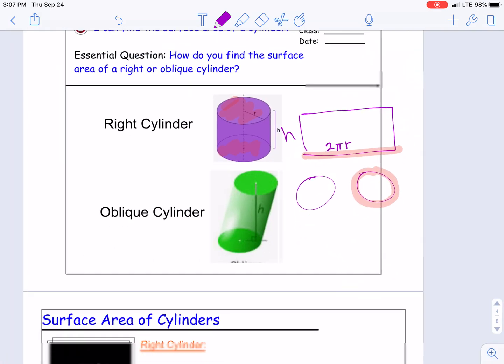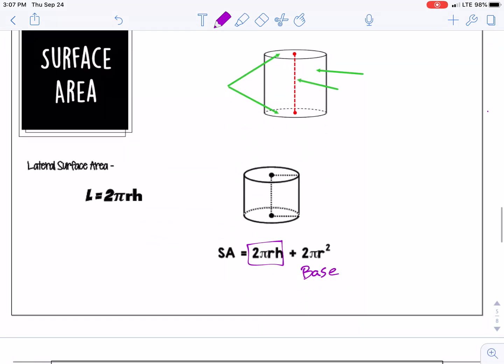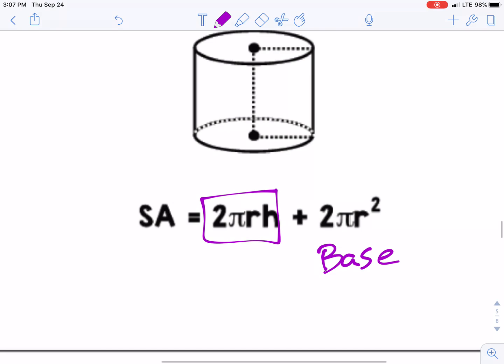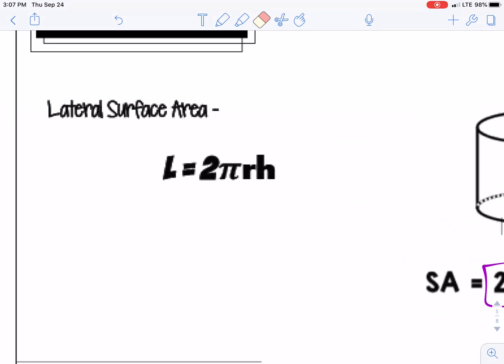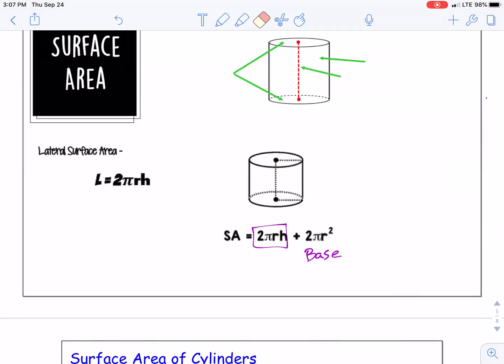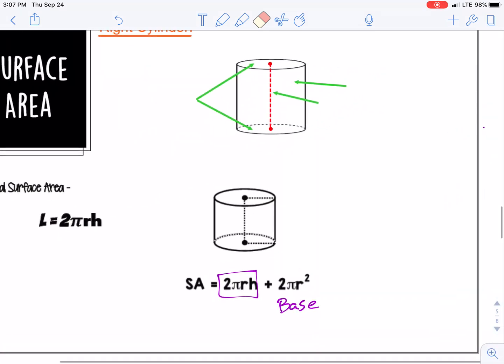So that's where in our formula we get 2 pi r times h. That's just the area of that rectangle, okay? And since that's wrapping around, with our 2 bases on the top and bottom, we call that a lateral surface area, the side of the shape that we're talking about, the non-bases, okay?